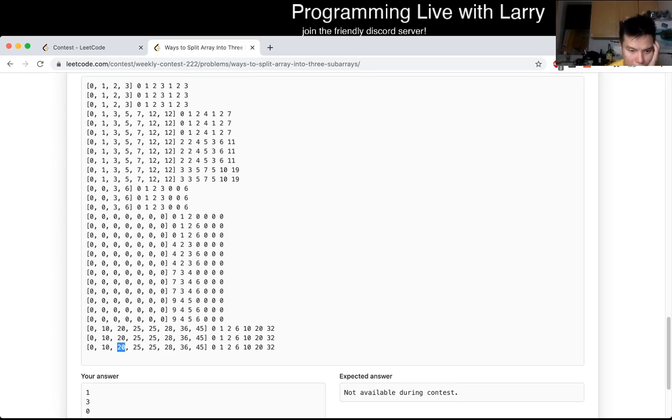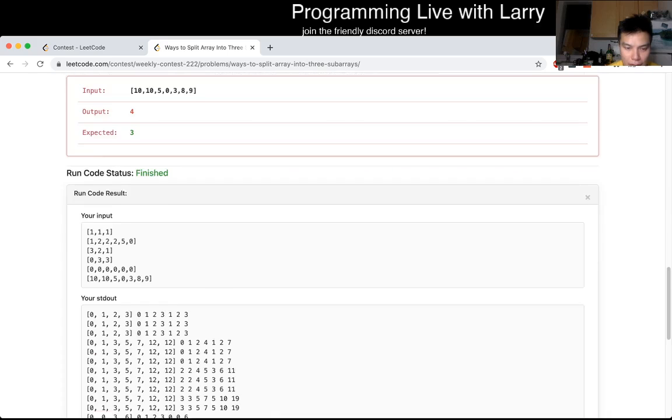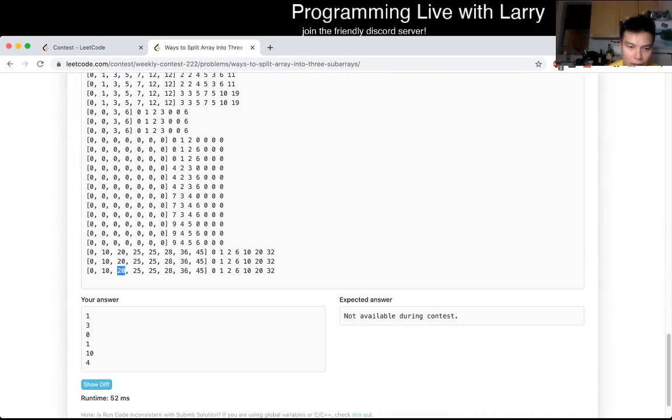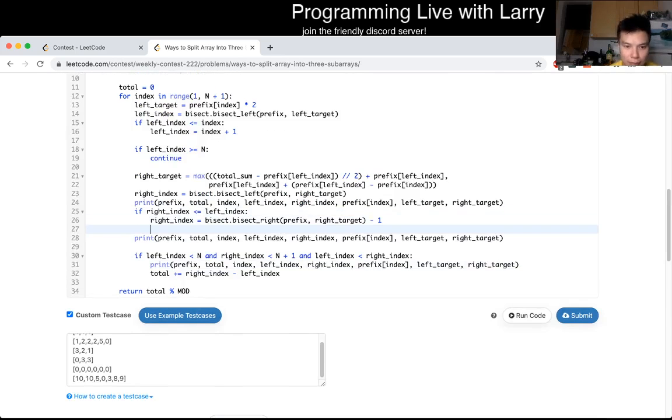32 seems right. Am I off by 1? I mean, clearly I'm off by 1, but because we want is 28 good? No, we want the suffix, and this suffix is off by 1 because I am bad at math. Okay, so how do I fix this?